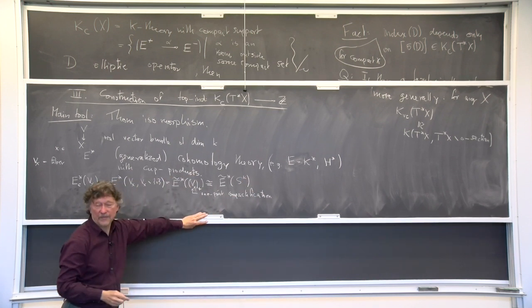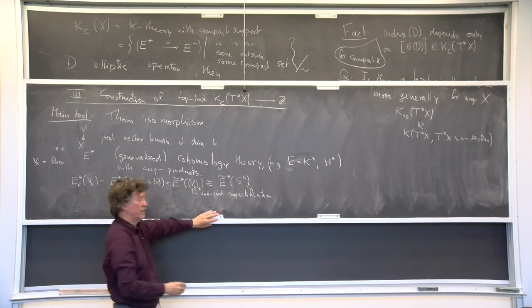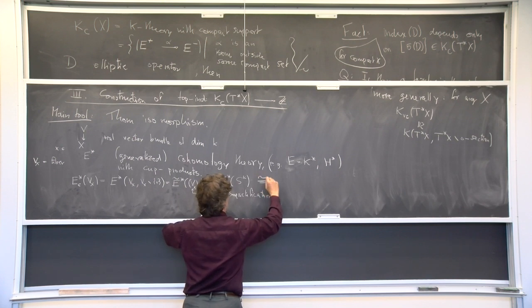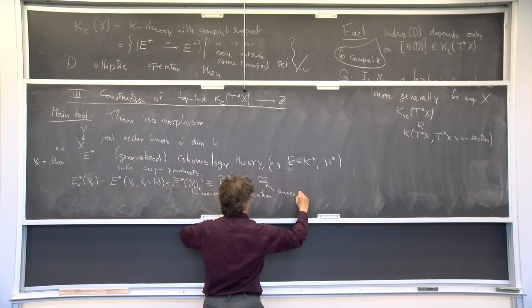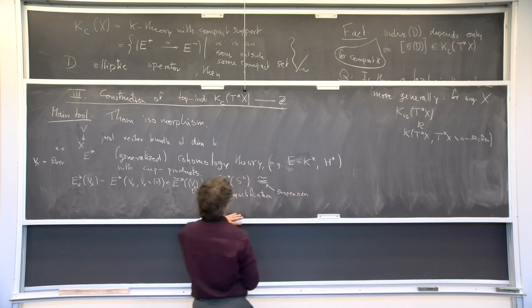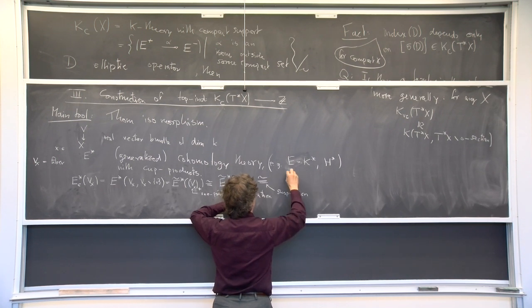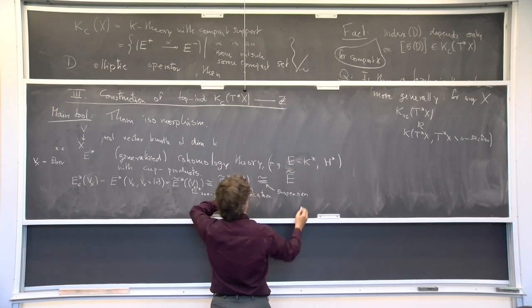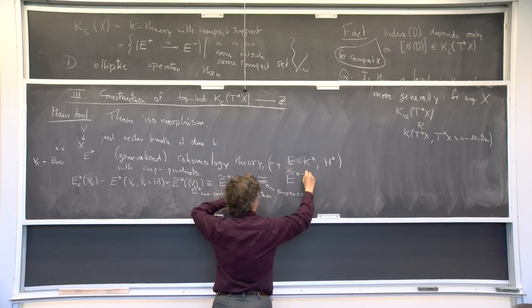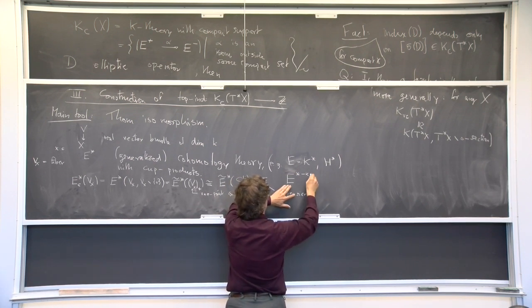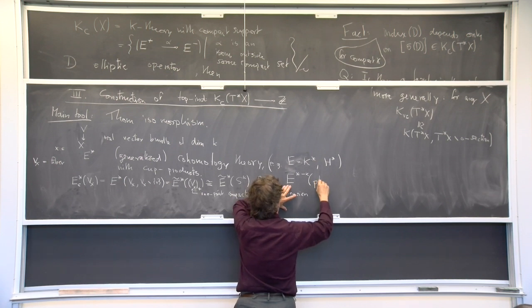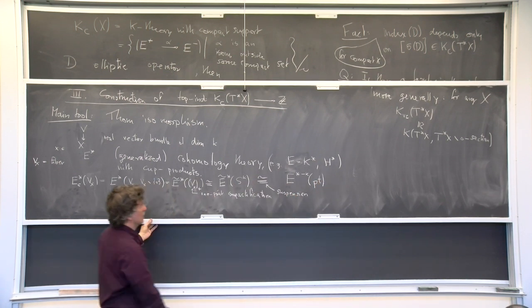But then I can use the suspension isomorphism, which says this is isomorphic to the unreduced E theory of a point, k dimensions lower.